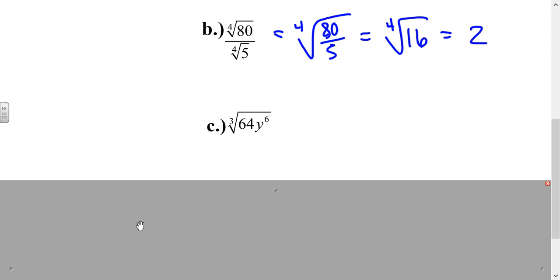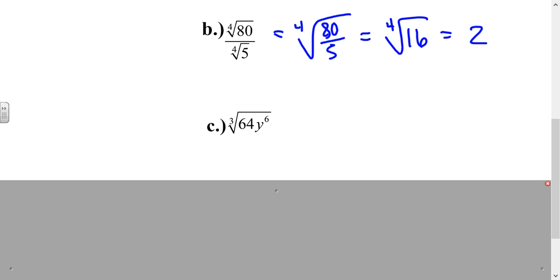So let's try this one. We have the cube root of 64y to the 6th. So we need to break this apart. I have the cube root of 64 and then the cube root of y to the 6th. Now when you have a variable underneath, the exponent has to be divisible by the root.